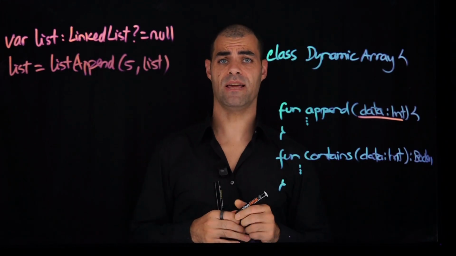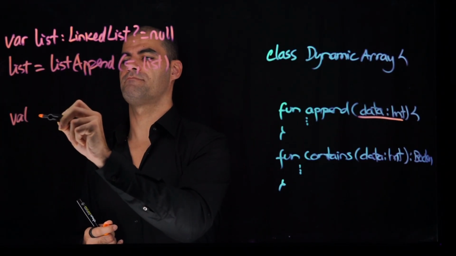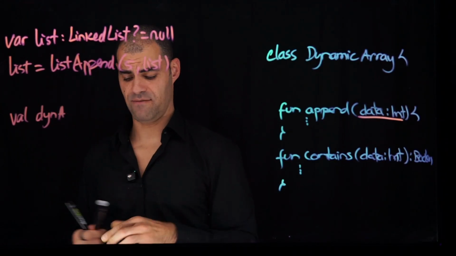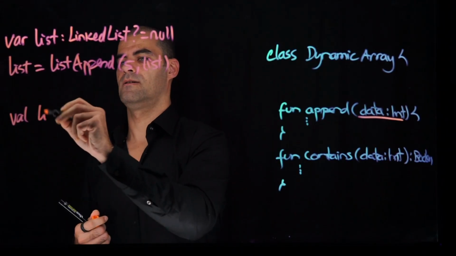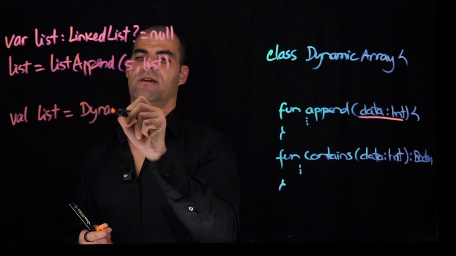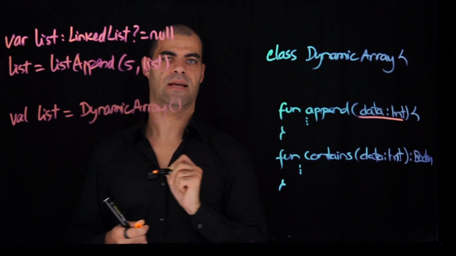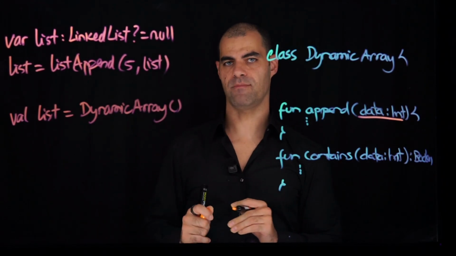With the dynamic array, it will be very different because we will have our value. Let's call it like this, or we can even call it a list. List equals dynamic array, like this. We are creating an object of the class dynamic array.